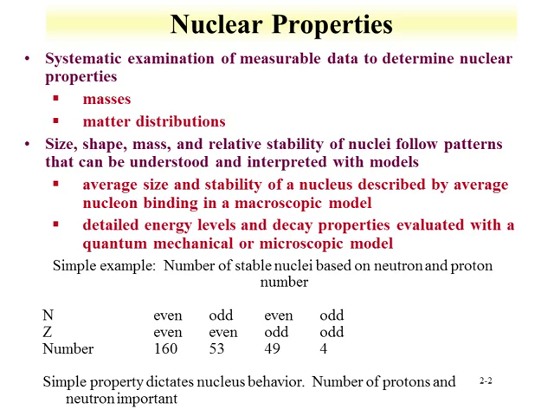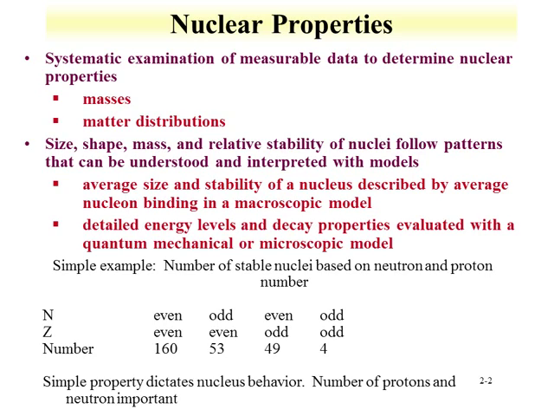If I were to look at the number of stable nuclei from the chart of the nuclides and evaluate the number of stable nuclei based upon whether or not they have an even number of protons and an even number of neutrons, I get this interesting result: out of all the stable nuclei, 160 have even numbers of neutrons, even numbers of protons. 53 have an odd number of neutrons and an even number of protons.